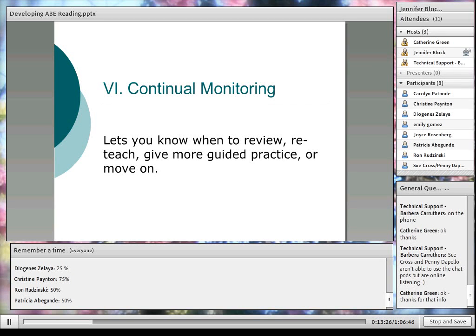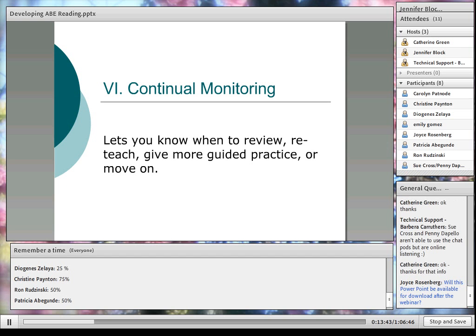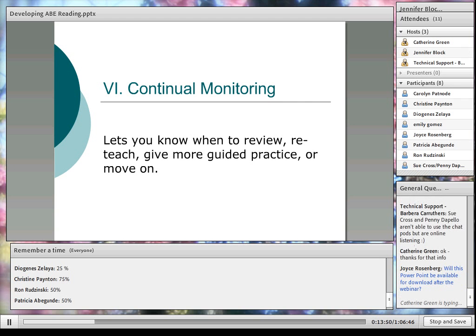The 6th step in direct explicit instruction is continual monitoring, which goes on throughout the process. And even when you think you've gotten them to independent practice and they're off and running, you may find you still need to review, you still need to reteach, you need to give more guided practice, or they actually have mastered it, they're ready to move on, they have this solidly in place.